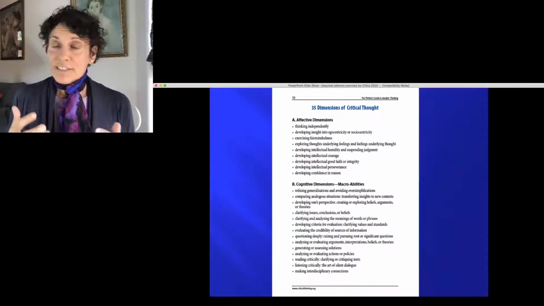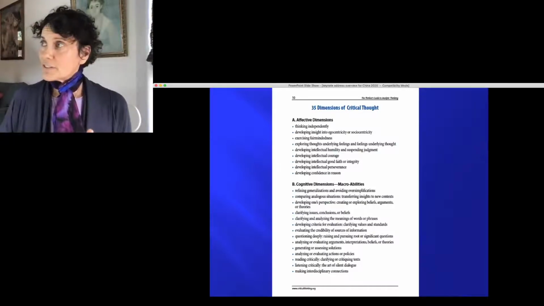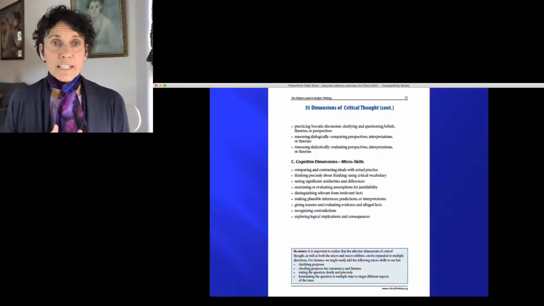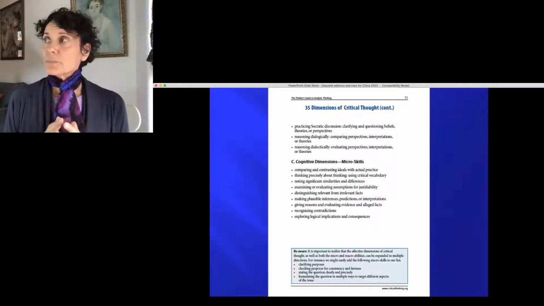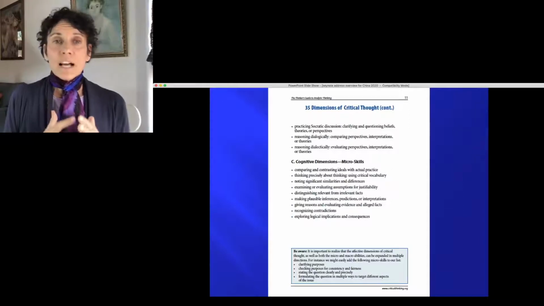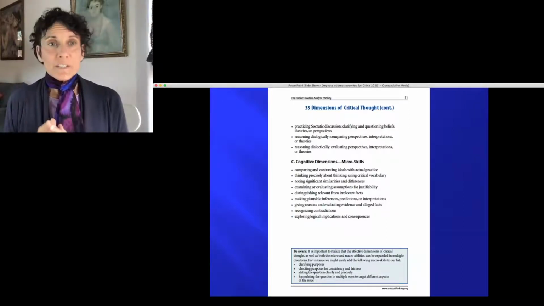Well, you should see right away that this is going beyond the typical emphasis on skills and abilities, which we see here under cognitive dimensions, micro skills. For example, comparing and contrasting ideals, thinking precisely about thinking, noting similarities and differences.